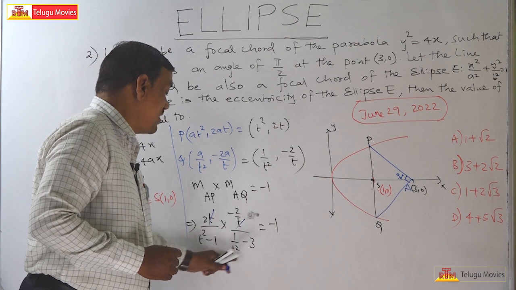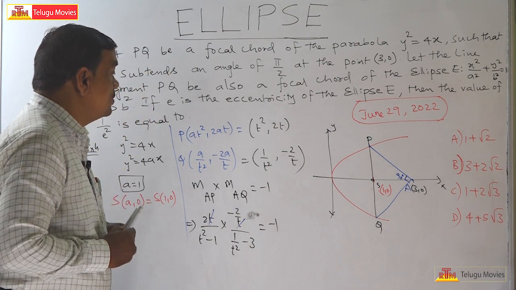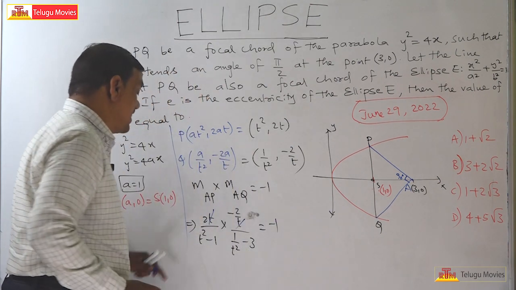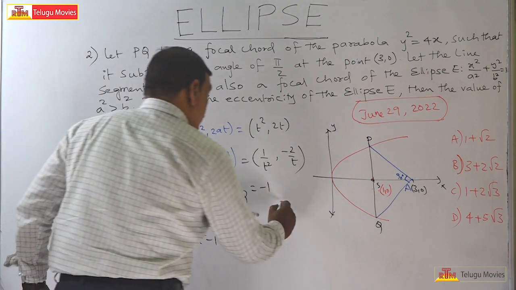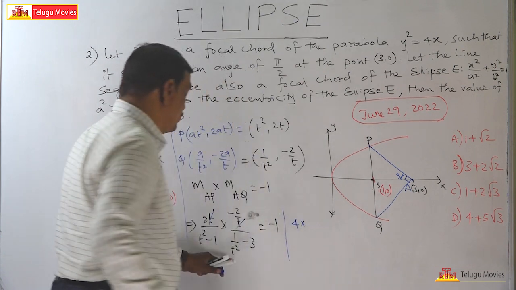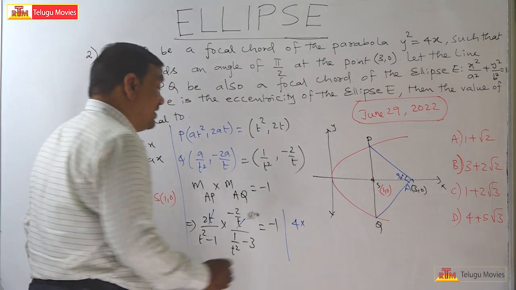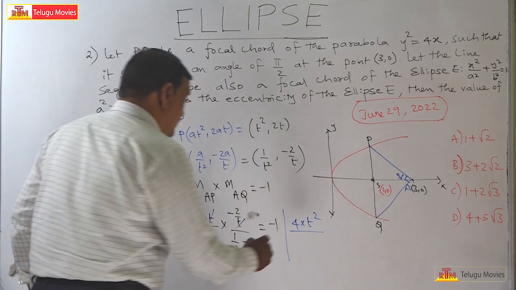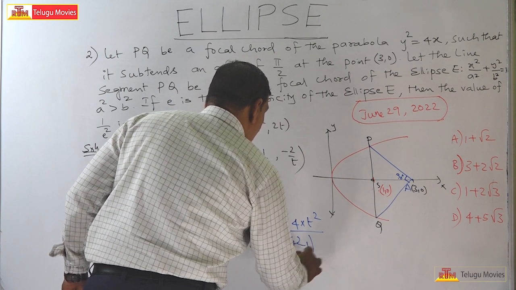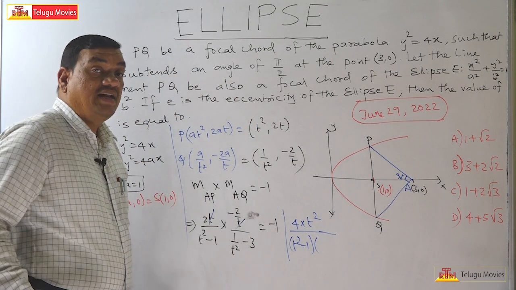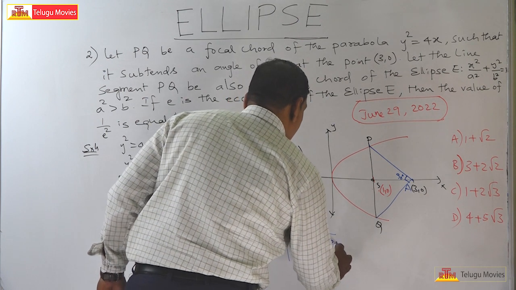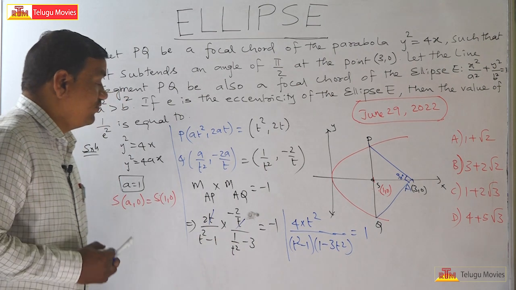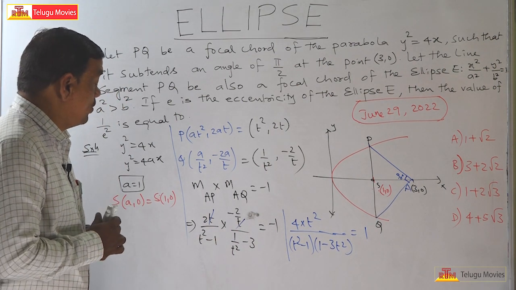So this is equal to 1 - 3t². Again the minus signs get cancelled. 2 twos are 4, so 4 times t² comes in the numerator, equal to t² by (t² - 1) times (1 - 3t²). So 1 - 3t² is equal to 1. Once again, 2 twos are 4, so this is equal to t².